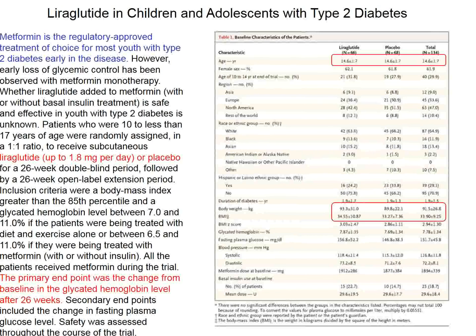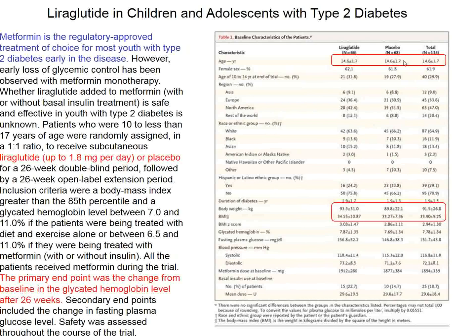Now, could it work in children with type 2 diabetes? In my generation, children didn't have type 2 diabetes, but now they do. So these children with adolescent type 2 diabetes were randomized to liraglutide or placebo, and all of these children were already getting metformin.